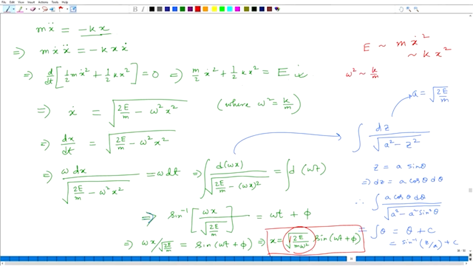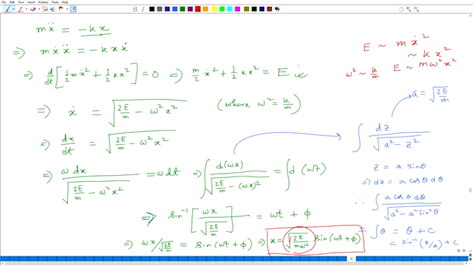So, if I write completely, you will see that E is actually dimension of m omega square x square, because you see that this m omega square is nothing but k. So, kx square can be written as E of m omega square x square.